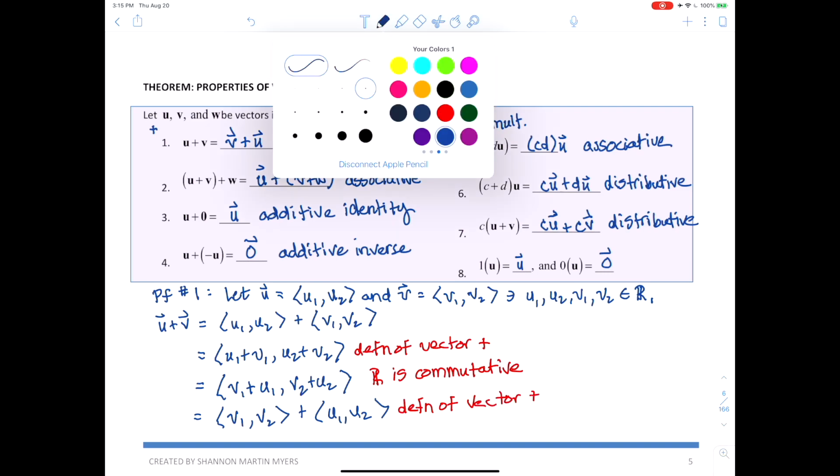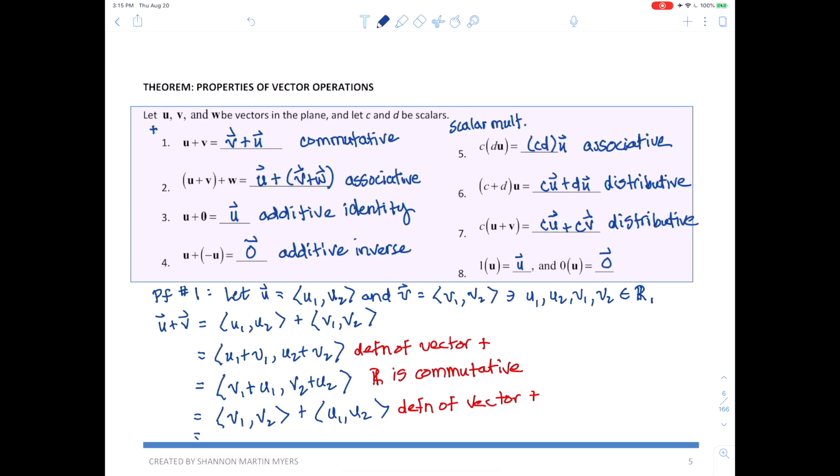And then, finally, what is that? That is equal to the vector V. You know what, I'm going to bring this over here so it's not smushed. So that is equal to the vector V plus the vector U, which is what we wanted to show. Groovy? All right.